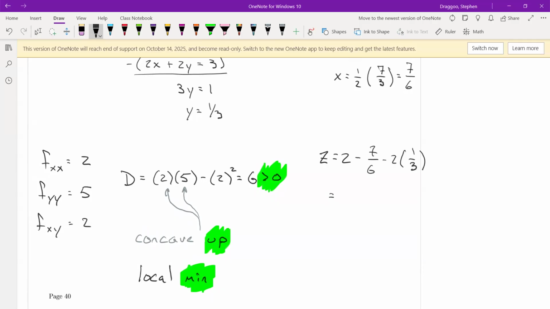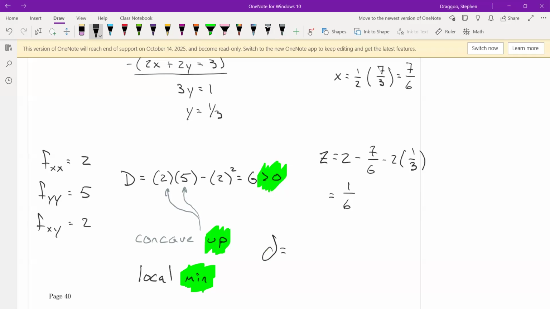Let's see. What is that number? 2 times a third is 2 over 3, which is 4 over 6. 7 plus 4 is 11. Is that 11 sixths? 12 sixths minus 11 sixths is 1 sixth, if you buy that.